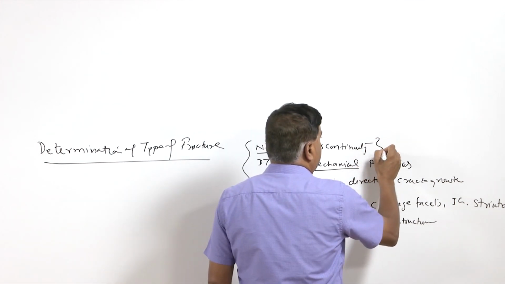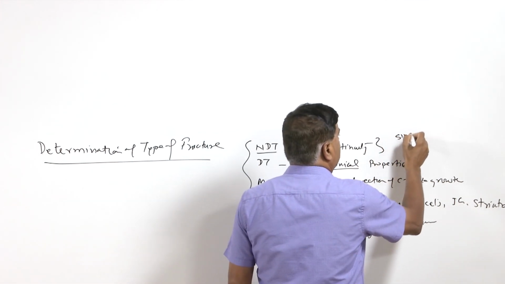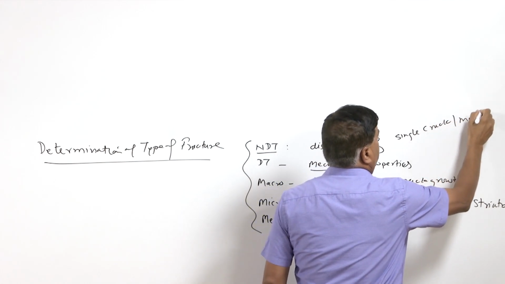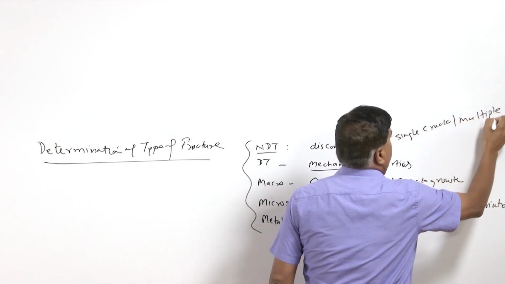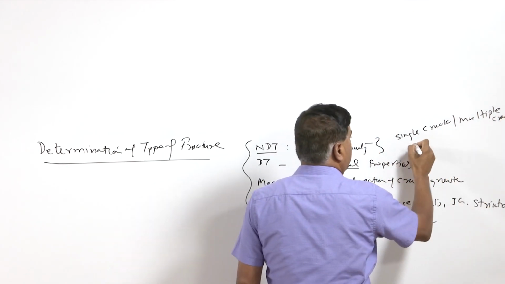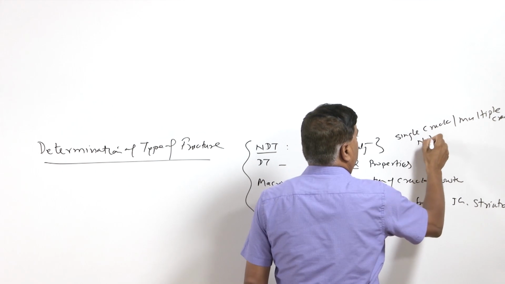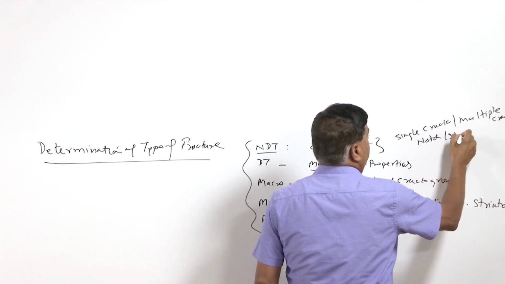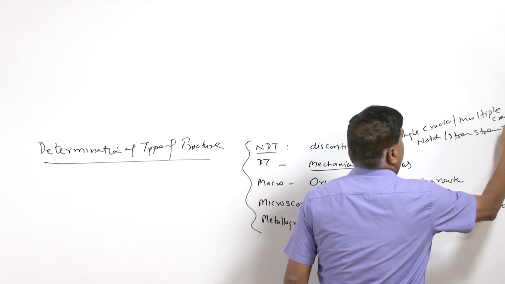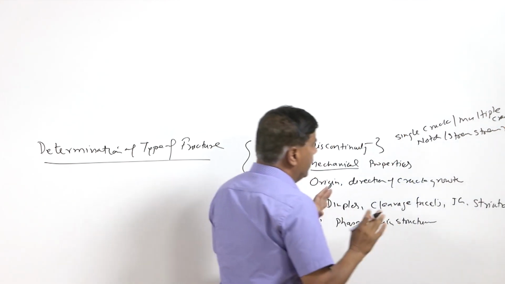So, there can be a single crack or there can be multiple cracks identified through NDT, or it can be a notch or any other form of stress raiser.